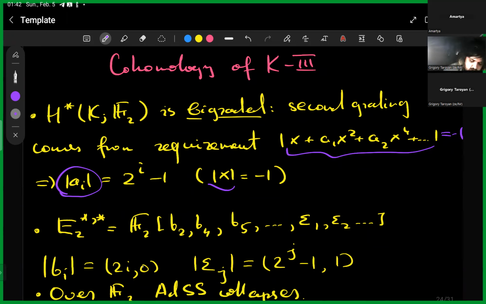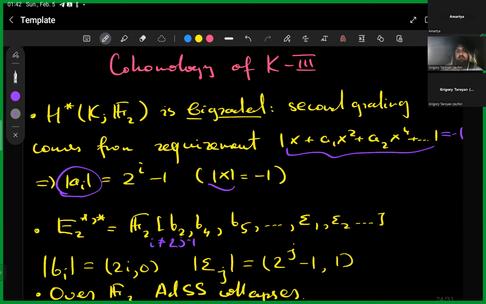So (2i, 0) is for i which is not equal to 2^j - 1, and well, for the ones which are equal, we take the bidegree to be this.